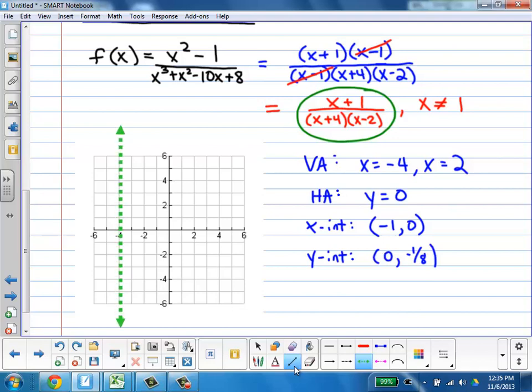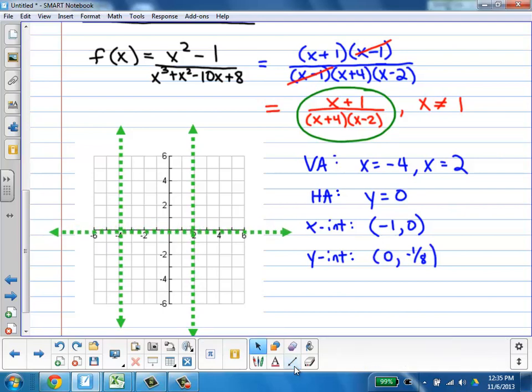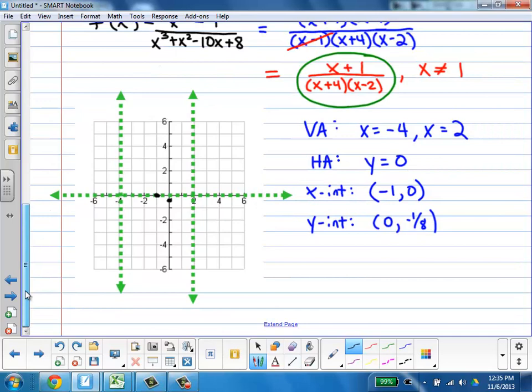Vertical asymptote, horizontal asymptote, 0, -1/8, -1, 0. If you like the number line, you can make that approach too.